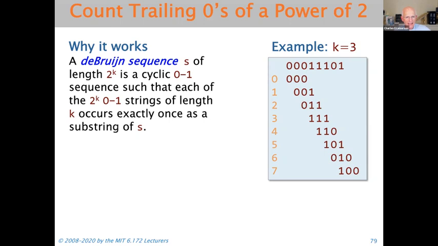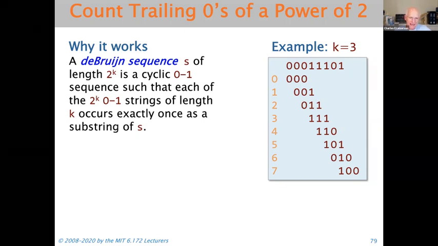Now, if I look at each group of 3 bits cyclically shifted, notice that the pattern never repeats. And in fact, they go through each of the values that you can have with 3 bits. There are 8 different settings for 3 bits, and every one of those is a substring. Okay? And so that's the property of a de Bruijn sequence.